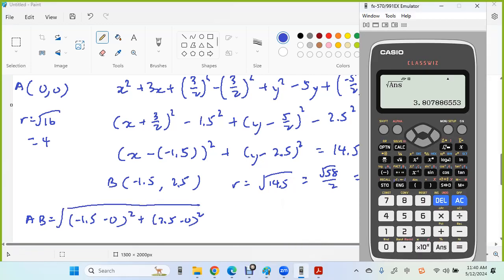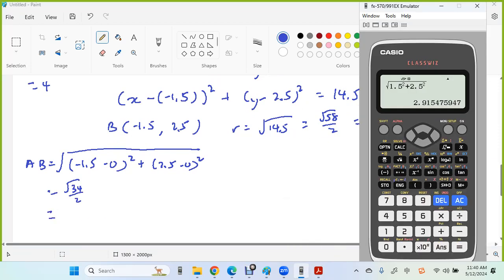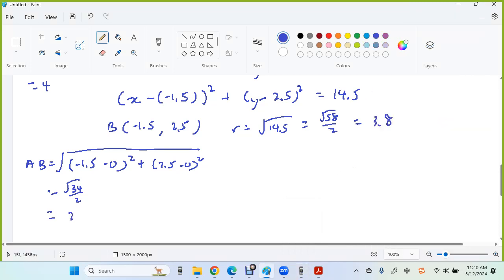So we have the square root of 1.5 squared plus 2.5 squared, so it's the square root of 34 over 2, which is 2.9.